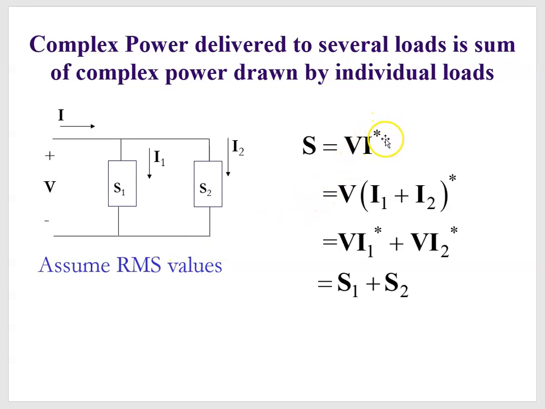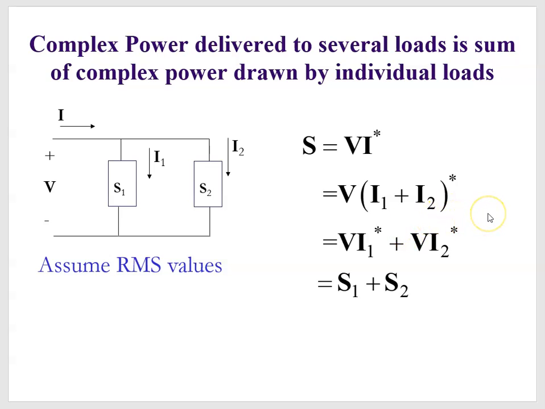The asterisk here means the complex conjugate of our current phasor. If we have these two currents, I is equal to phasor I1 plus phasor I2, then the complex conjugate of I is the complex conjugate of the sum of the currents.